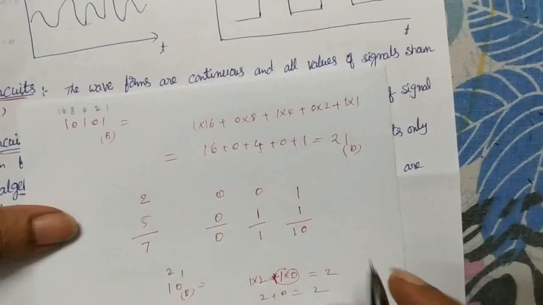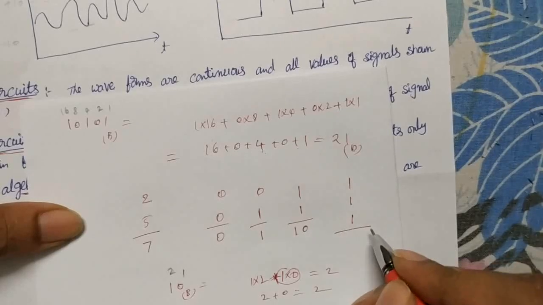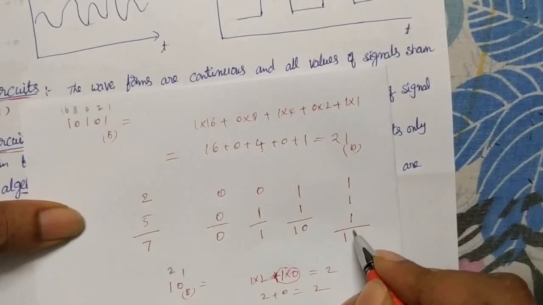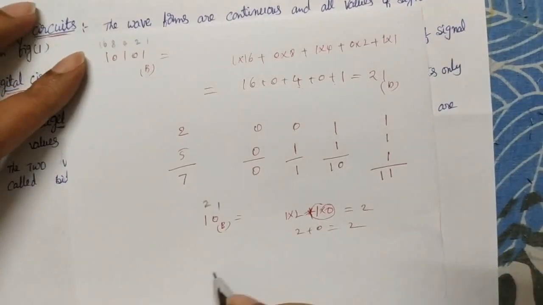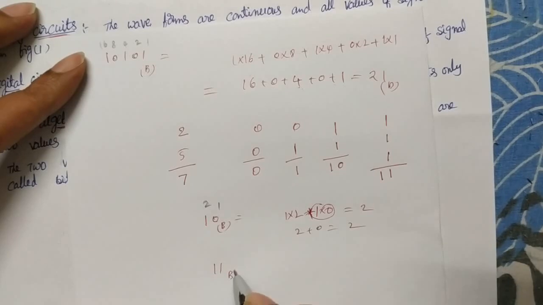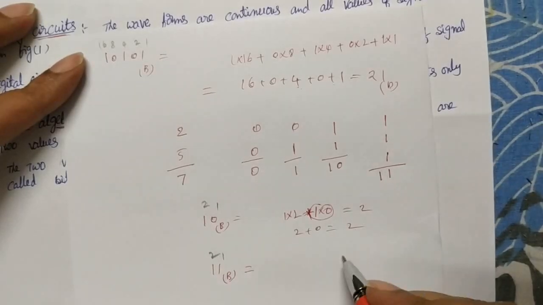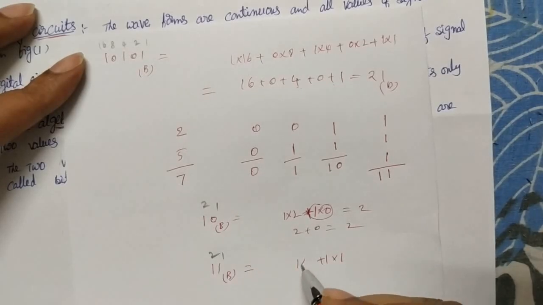Suppose you want to add 1, 1, 1. For this, what do you get? 3 we are getting in decimal. In binary, you get 1, 1. So how does it become 3? 1, 1 in base binary: this is the ones place and this is the twos place. So you can write 1 into 1 plus 1 into 2, which is 2 plus 1.